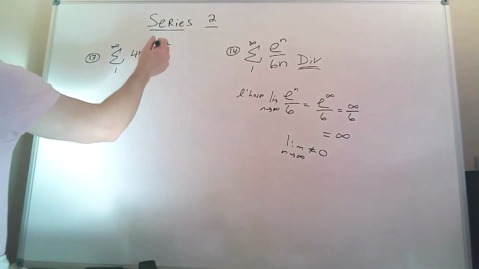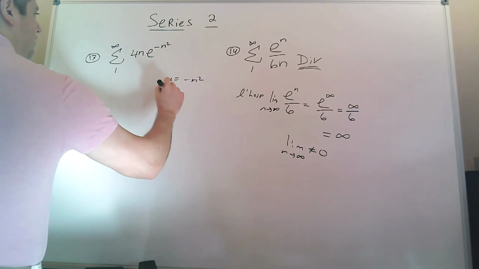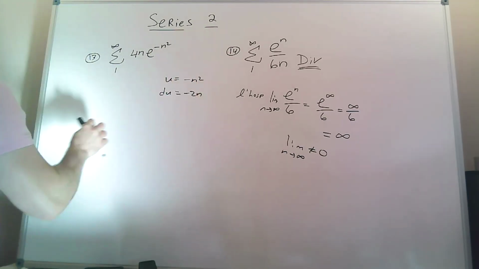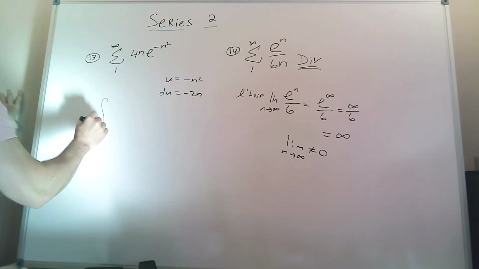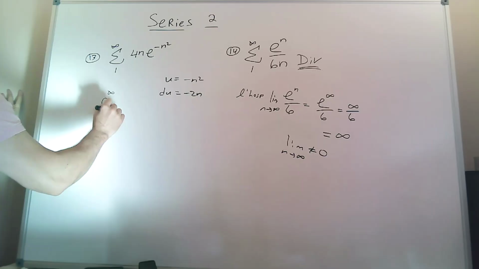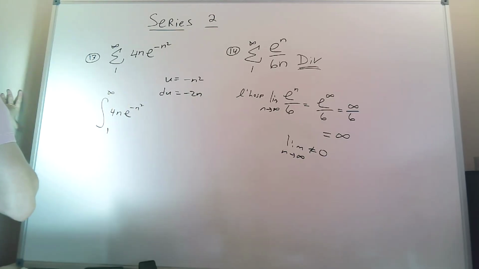Now, this one is a little more complicated. You have u. You have du. So what I wanted there was a negative 2n, but I have a 4. So I have to double that and multiply it by a negative. So I'm going to do the integral from 1 to infinity of 4n e to the negative n squared.